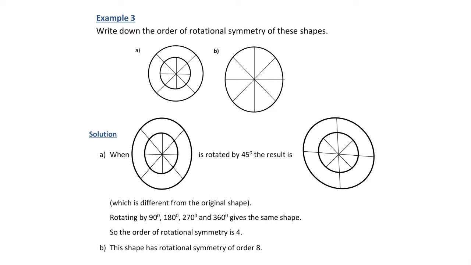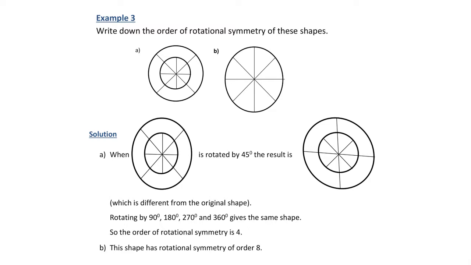You can see how it looks. It is not quite like the original shape. But after 90 degrees, it will look like the original shape. So it will look like the original shape at 90 degrees, at 180 degrees, at 270, and at 360. It gives you the same shape. So it has rotational symmetry of order 4.